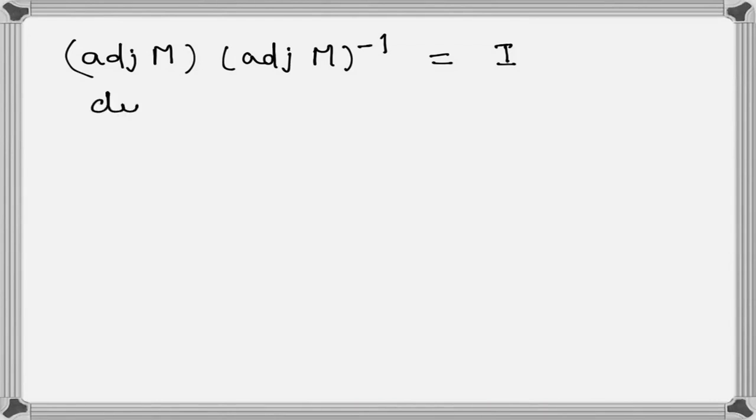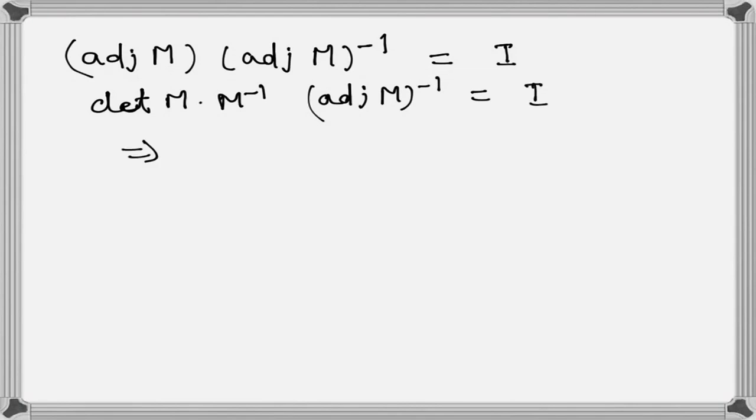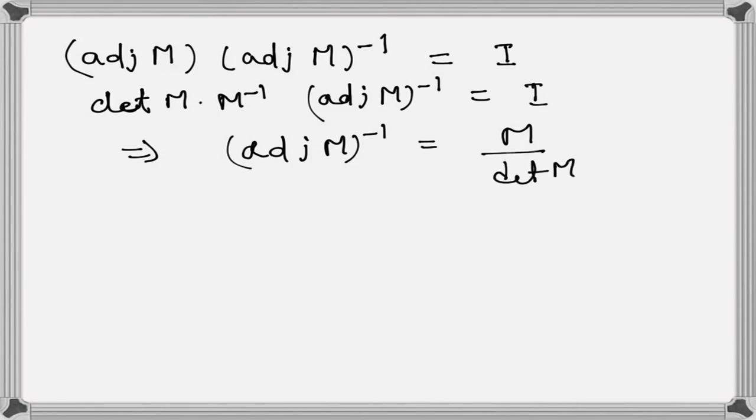Adjoint M is the determinant M into M inverse. Adjoint M inverse is equal to I. So this implies that we can multiply by M from the left, so we get adjoint M inverse is equal to M upon determinant of M.